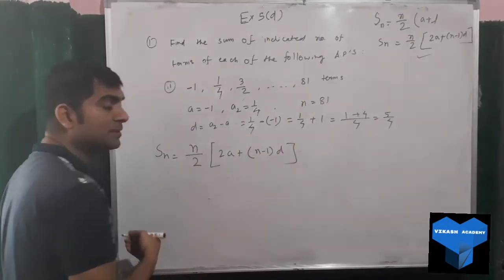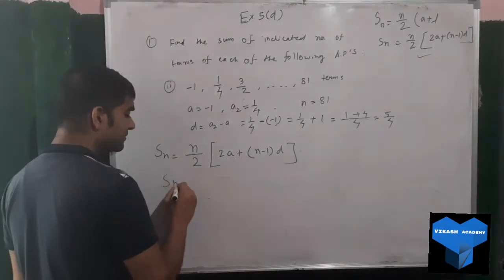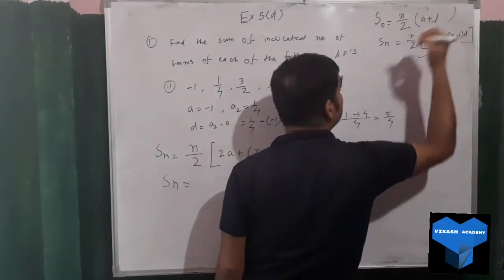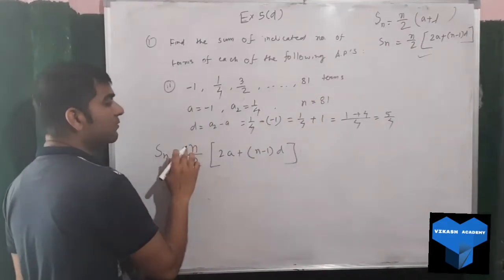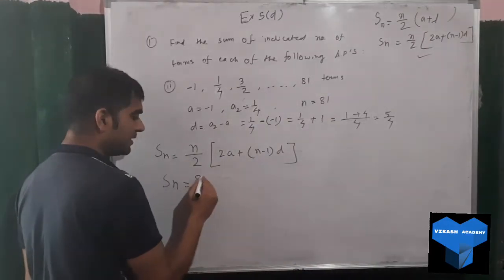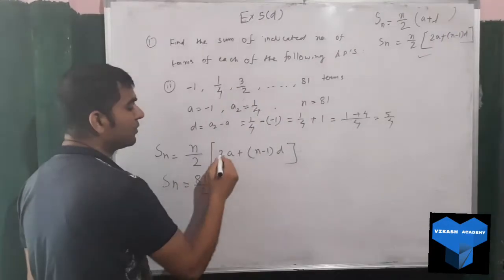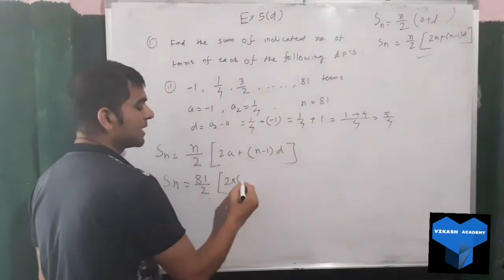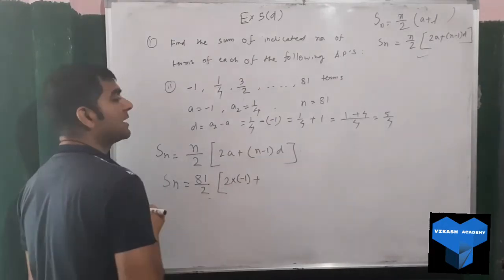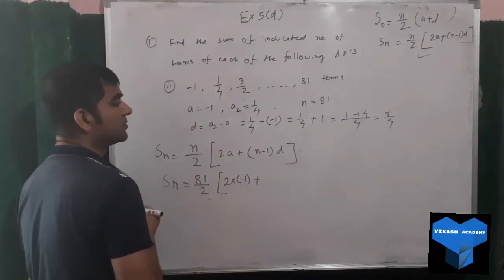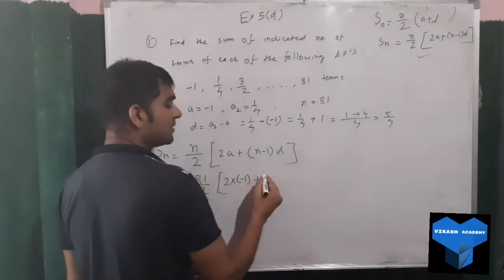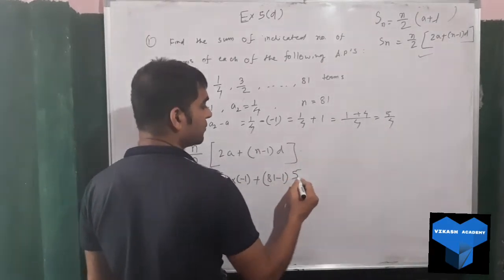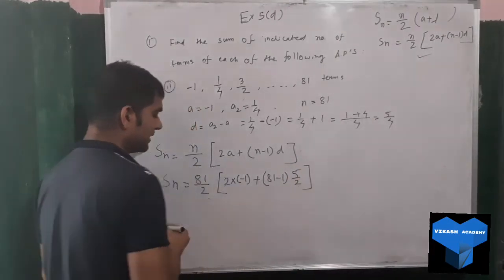For summation we will always use this formula, but when L is given, we can use the first formula, Sn equals n by 2 times a plus L. So let us put the values: n is 81, so 81 by 2, 2 remains 2, a is minus 1, plus n minus 1, which is 81 minus 1, and d we are getting 5 by 2. Close the bracket. Let us simplify.